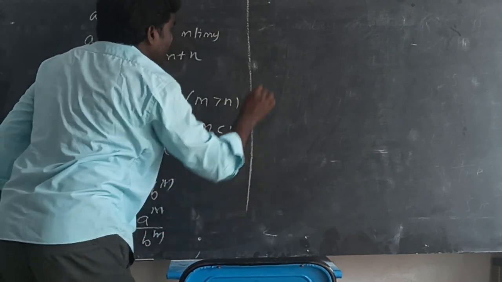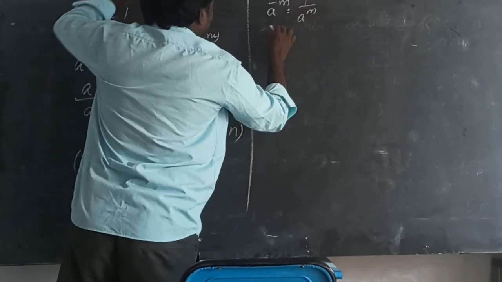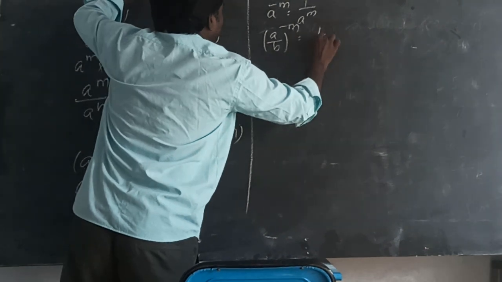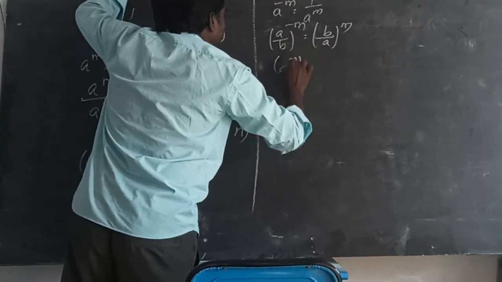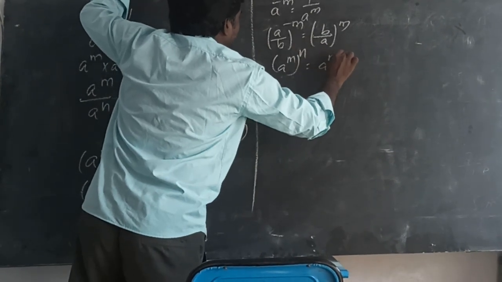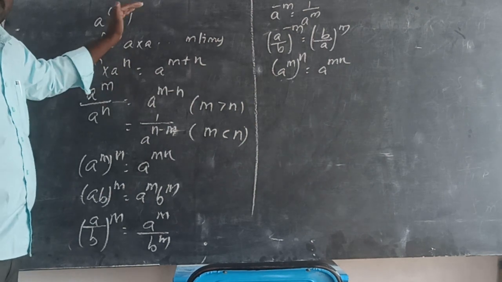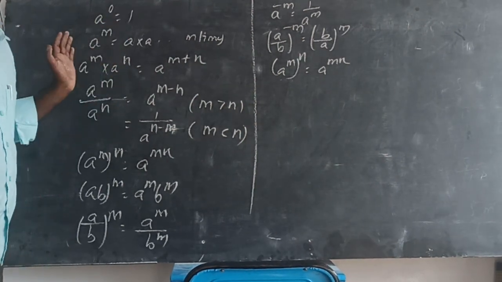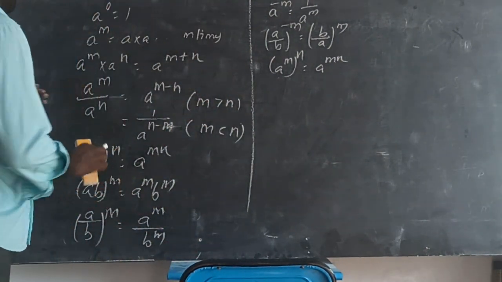Next, a power minus m is equal to 1 by a power m. Next, a by b whole power minus m is equal to b by a whole power m. These are the laws of exponents. From these laws of exponents, we can show the laws of logarithms. So here, first law of logarithm.